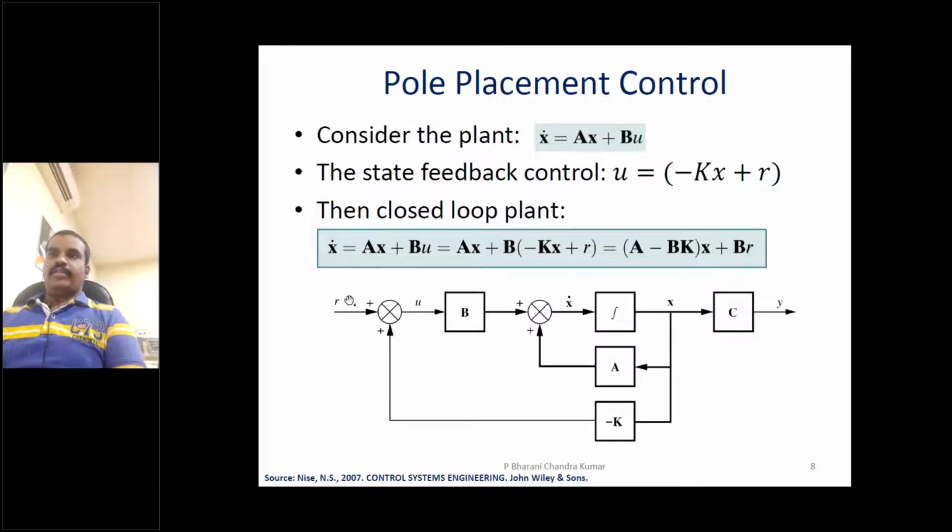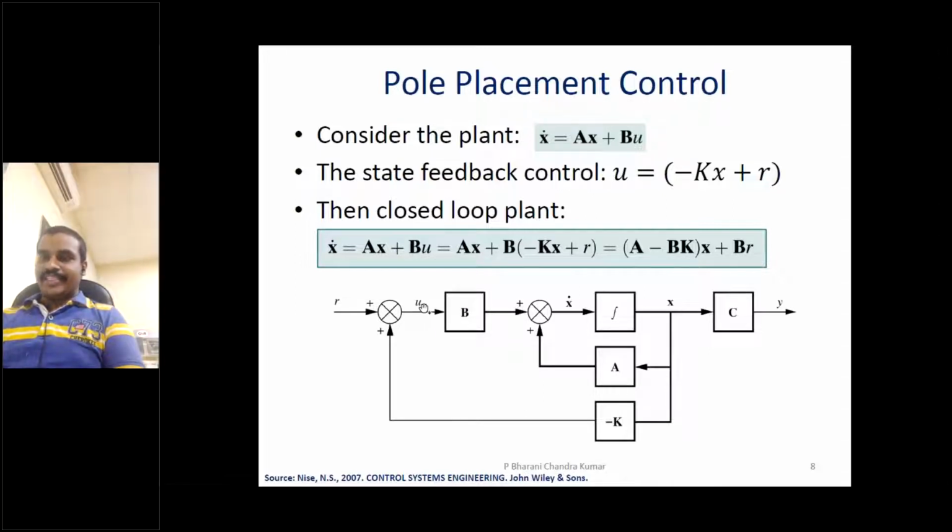Okay. So x dot equal to ax plus bu, ax plus b into this one. Now if I rearrange, I'll be getting a minus bk into x plus b into r. The same thing, if I represent it here, you can see this complete thing represents x dot equal to a into x plus b into u, which is coming from here.